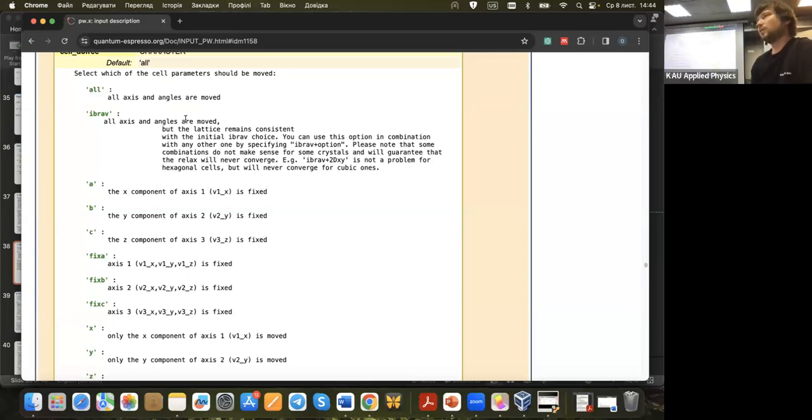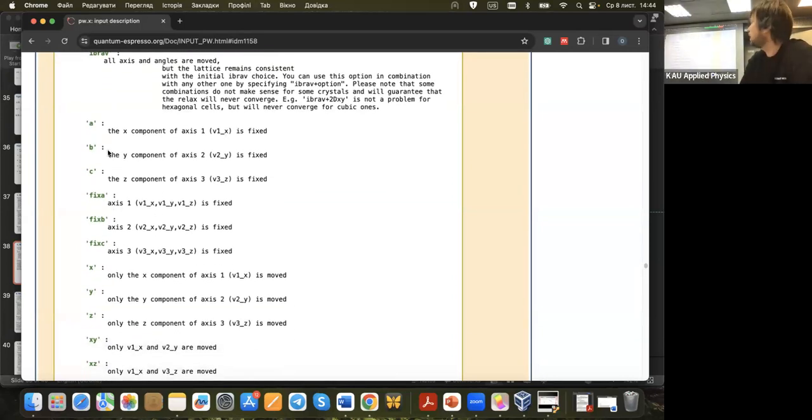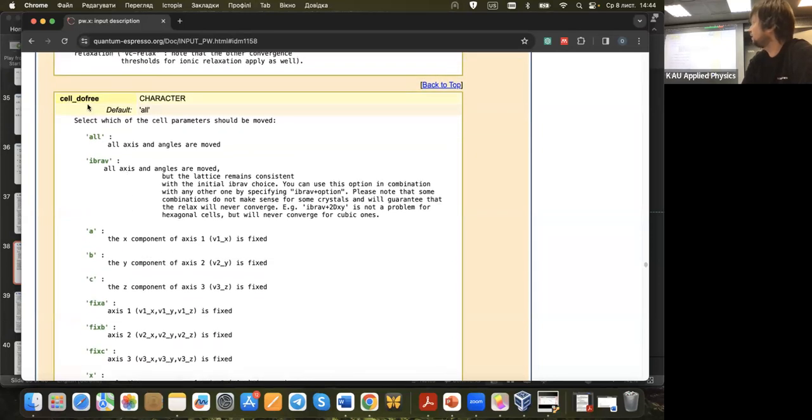Like we had hexagonal symmetry, it's still hexagonal symmetry, but with other A, B, C and angles. We can change A, B, or C. This parameter, do free, allows us to make a lot of things. We can change everything but keep the symmetry.